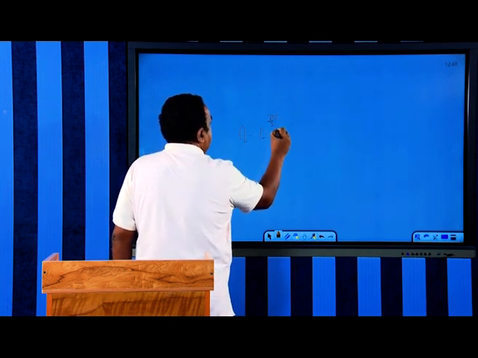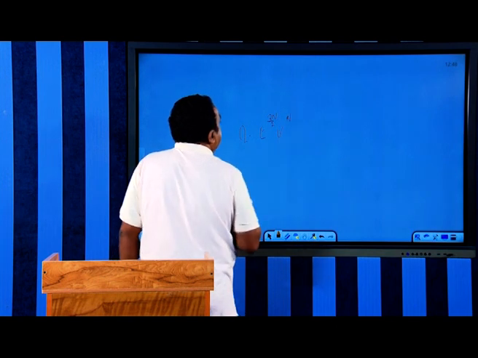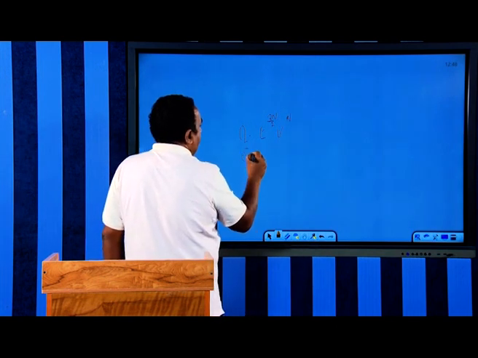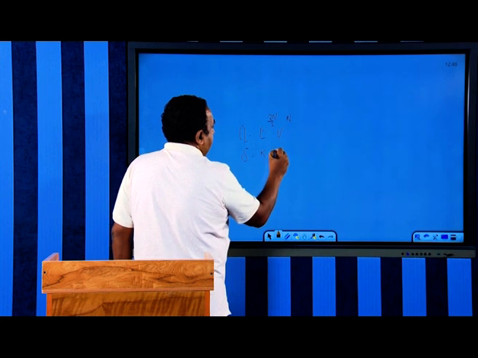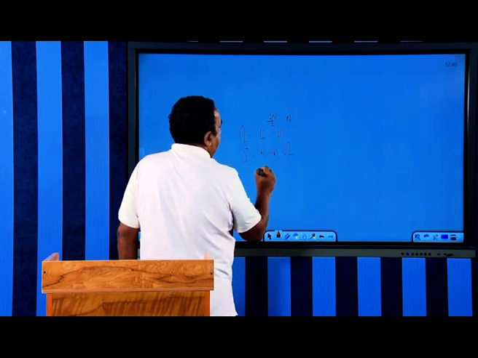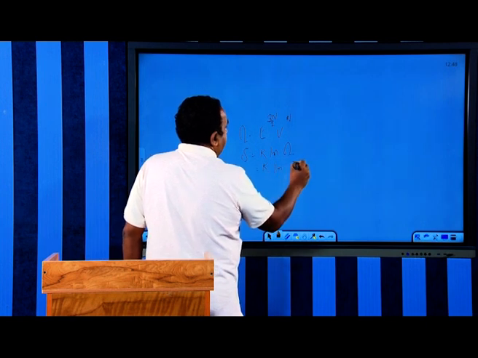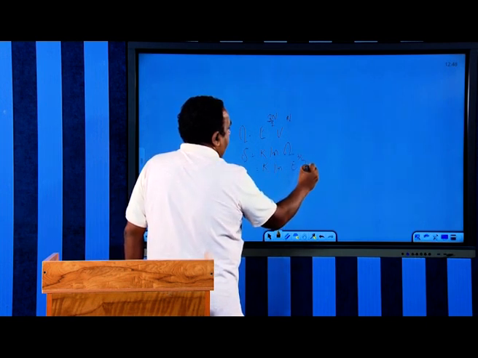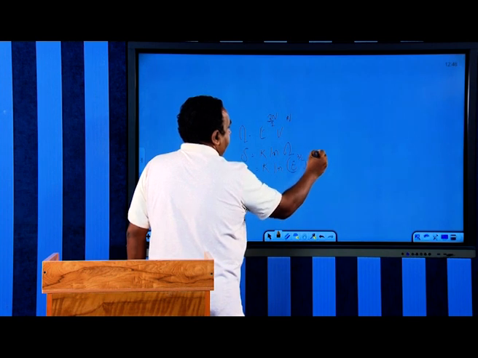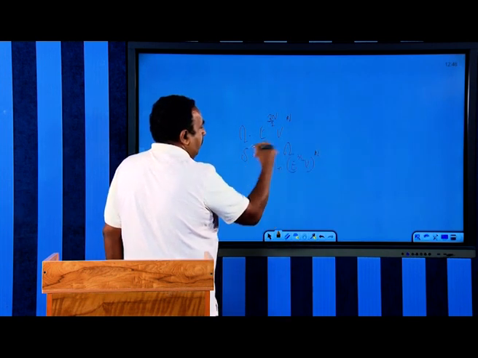This is an example. Therefore, you have S is equal to k log omega, and this becomes k log of e raised to 3 by 2 V, whole raised to n. Therefore, log x raised to y is y log x.